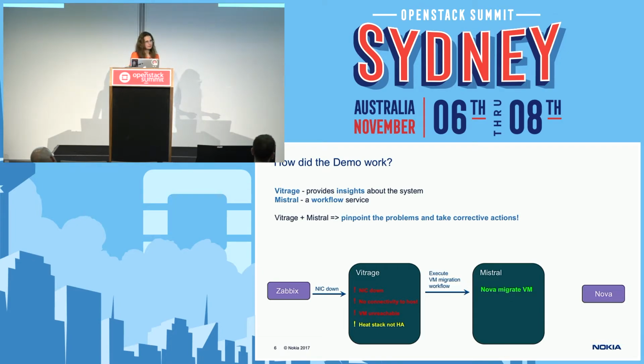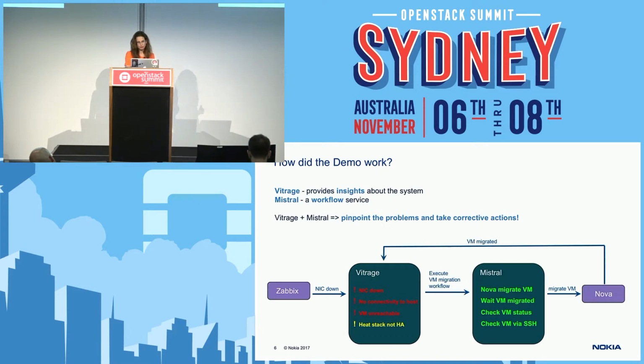Mistral asked Nova to migrate the VM, then waited for the migration to finish, verified that the status is OK, and tried to SSH to the VM. Then, as soon as Nova finished the migration, Nova notified Vitrage that the VM was migrated. Vitrage updated its graph and removed some of the alarms that were no longer relevant.